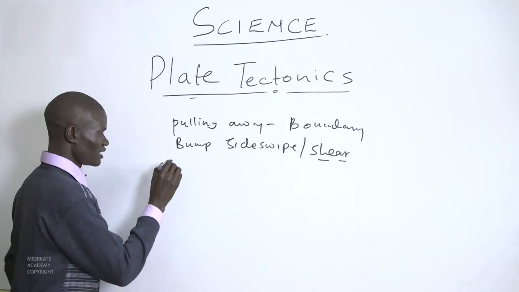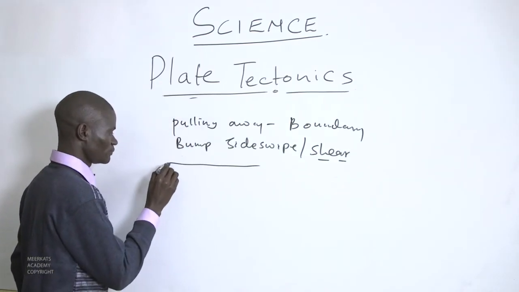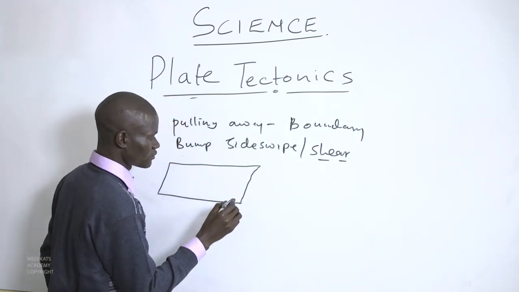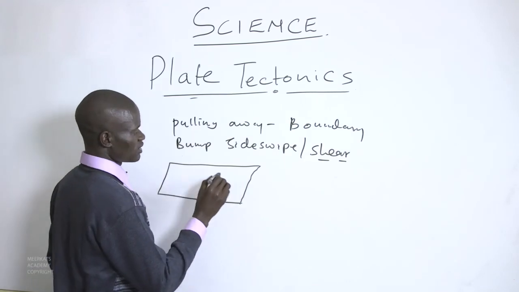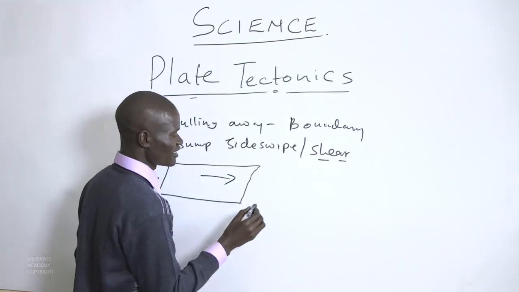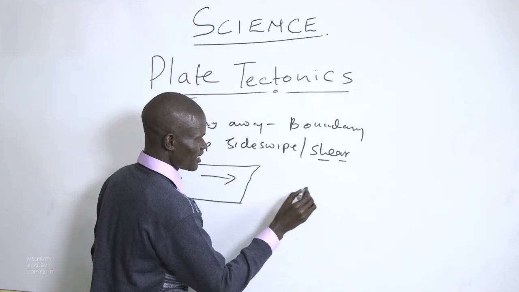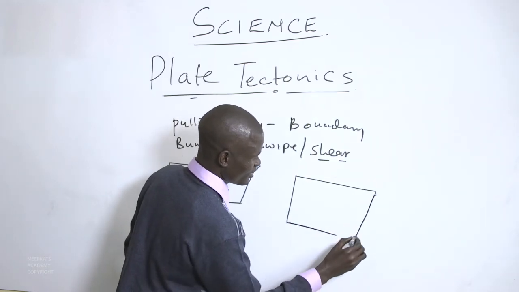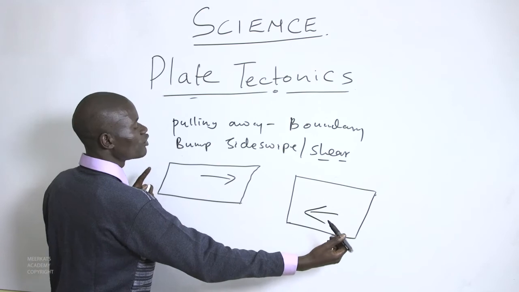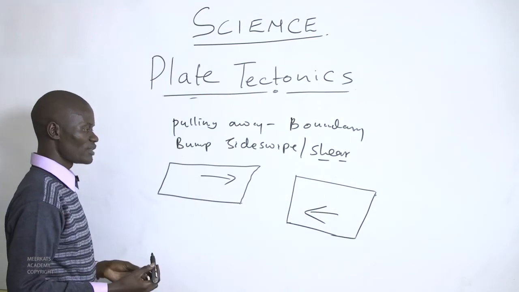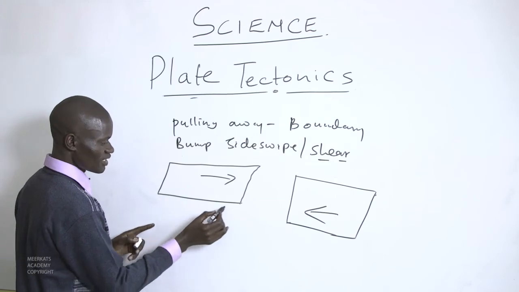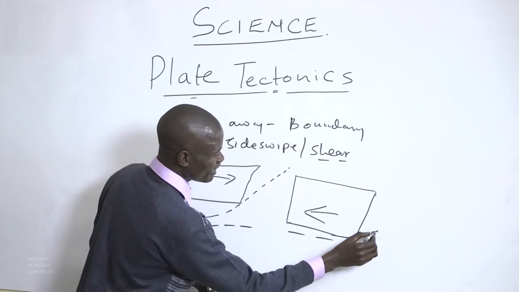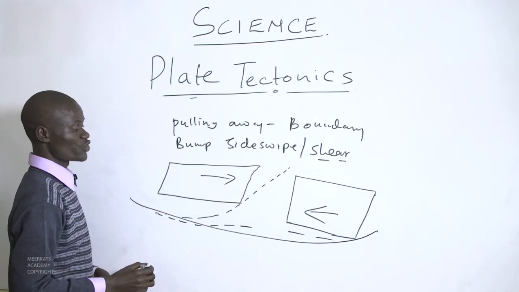For example, let's imagine of this plate. This is a plate that is moving, and another plate that is moving. Either they can move towards each other or they can move away from each other. What will happen, because this is a stream of water, remember it is still on the oceanic plate.